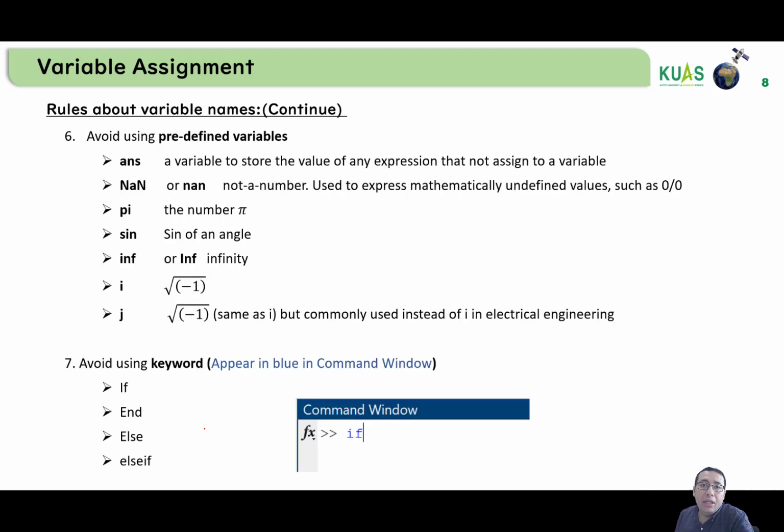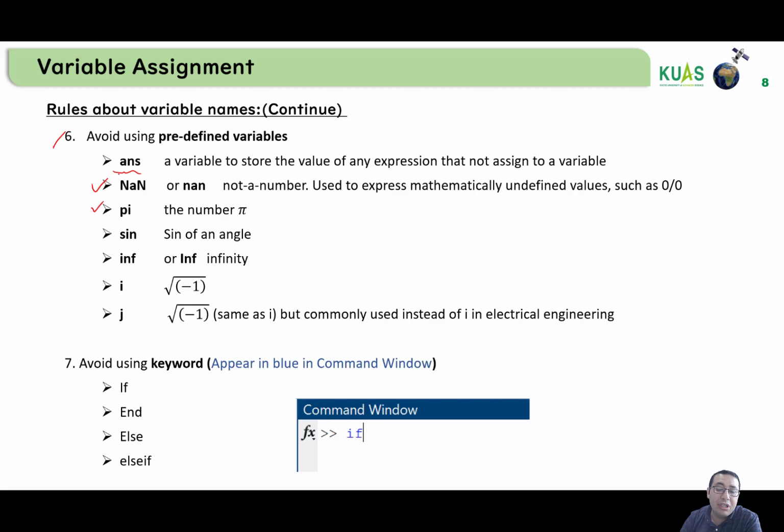And additional tips or rules for the variable name. Number 6, avoid using predefined variables. For example, today we learned about ans, or the answer, the predefined variable that MATLAB uses for an operation which isn't assigned to a variable. Or NaN, which is not a number.